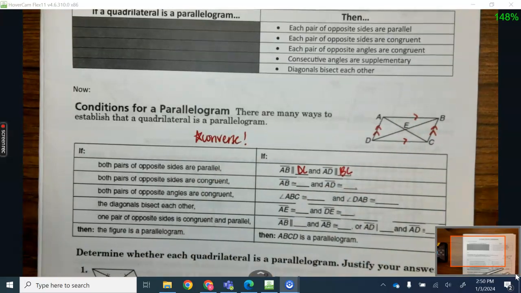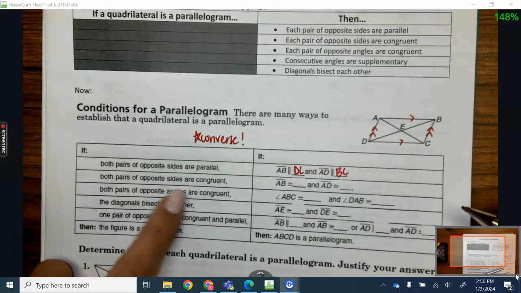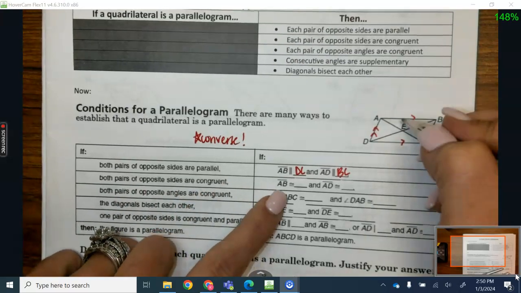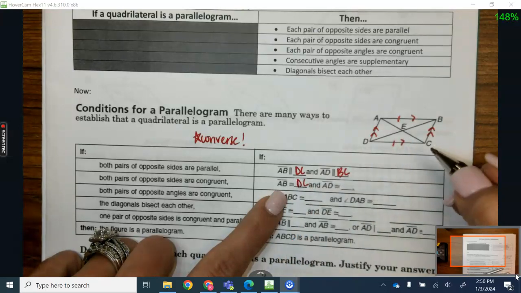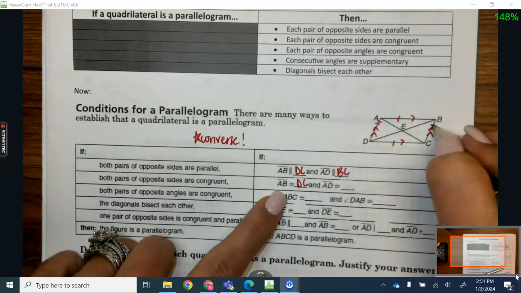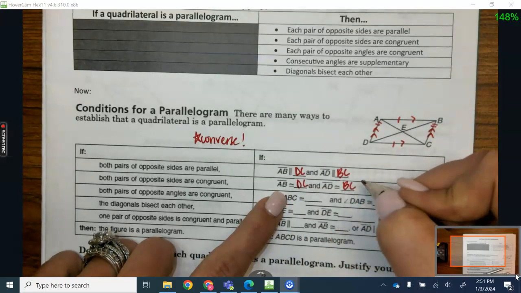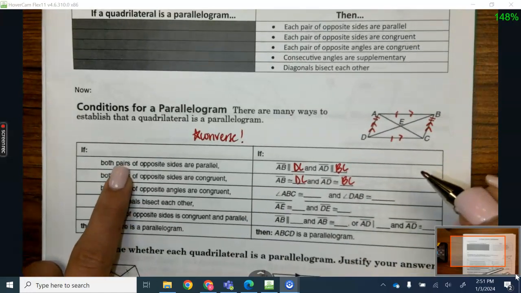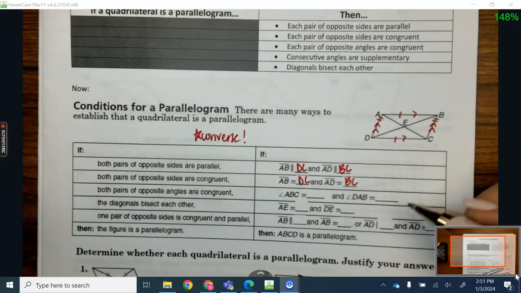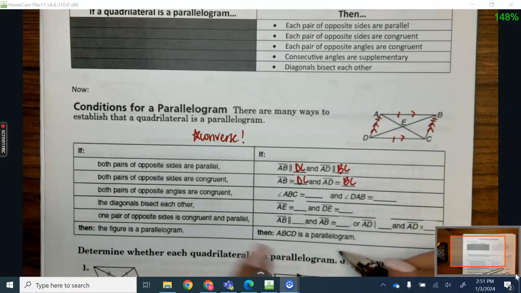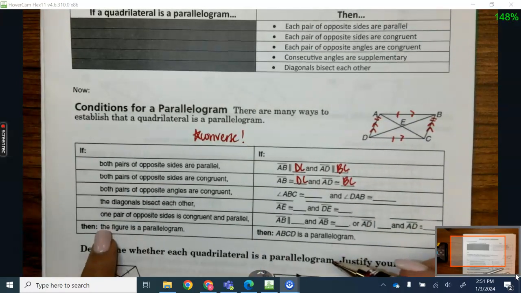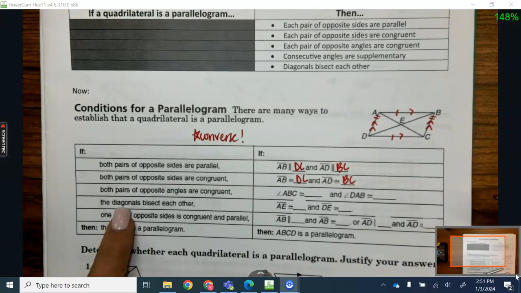So if that is true, if both pairs of opposite sides are congruent, so if AB is congruent to DC, and if AD is congruent to BC, so if that is true, or if that is true, right? If all of these properties that we learned in 6.2 are true, then the figure is a parallelogram. So we're taking that converse.